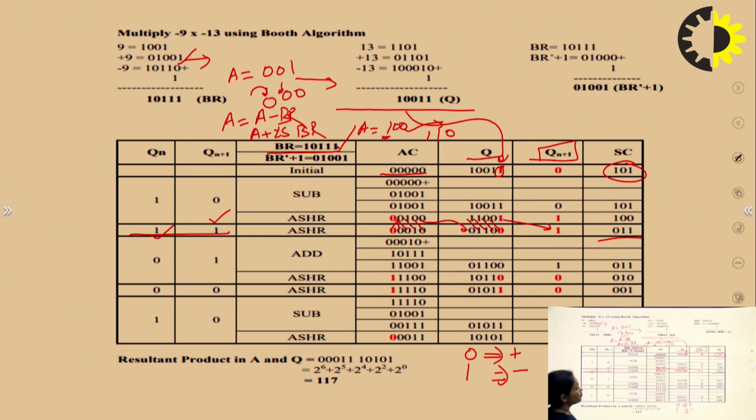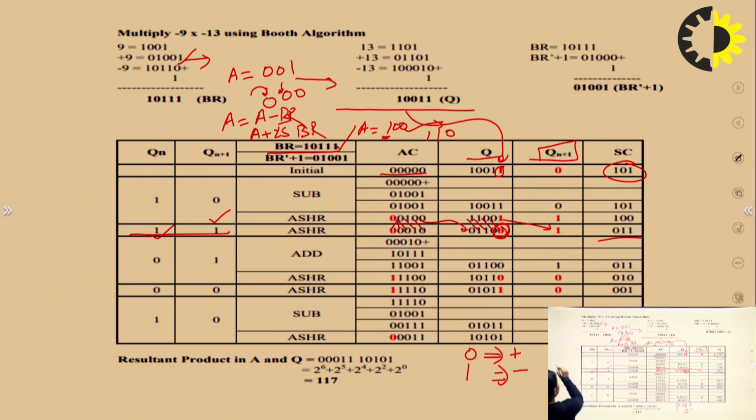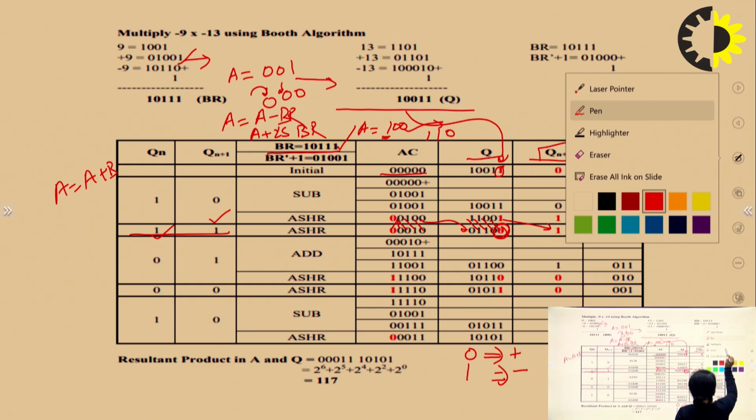Again we will go. Now Qn plus 1 is 1 and Qn, the rightmost bit, is 0. What will we do at 0 1? It will be add. We will do accumulator equals accumulator plus B. Now the multiplicand is 1 0 1 1. Let me erase it completely.